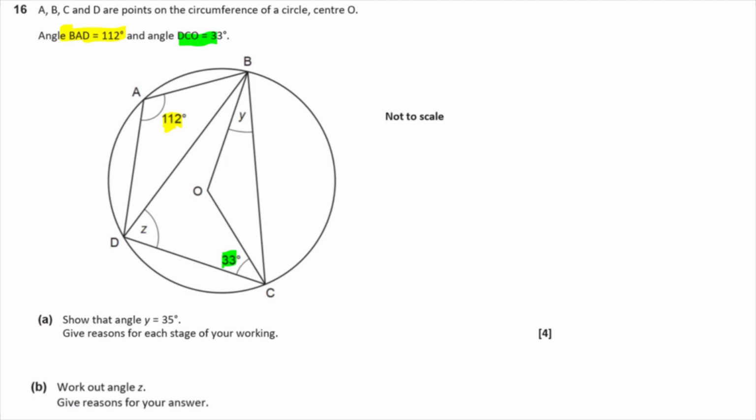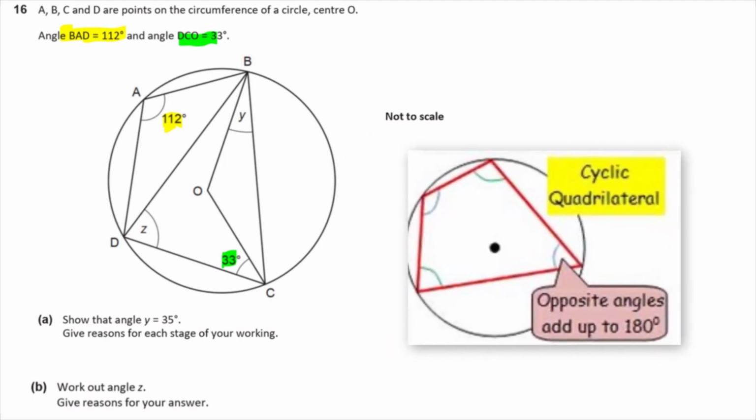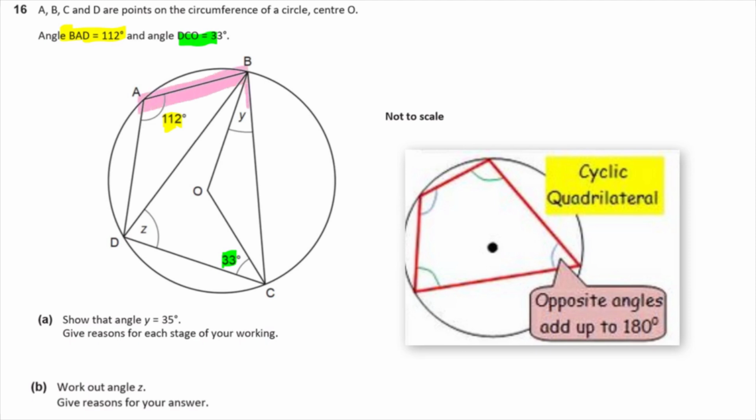There are certain rules that you should have in your head about circle theorems, and you need to try and focus or see those in the more complex diagram. So for instance, one of the rules that I know about is cyclic quadrilaterals, and I can see a cyclic quadrilateral in this diagram here.